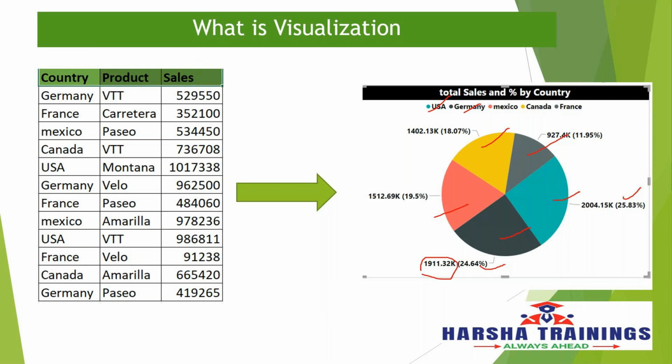Now, if you observe clearly, when I ask the same requirements with my data, you are unable to answer. But when I give this visual, you at least try to give answers, which are exact, correct answers. Yes or no?